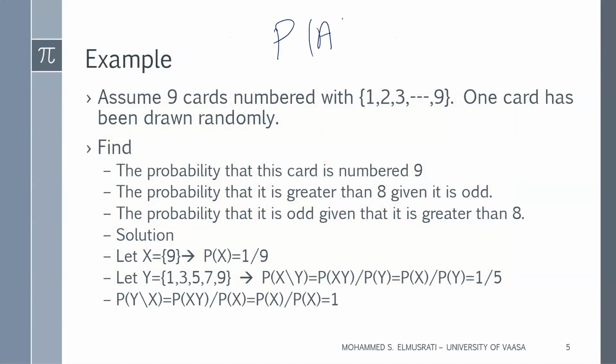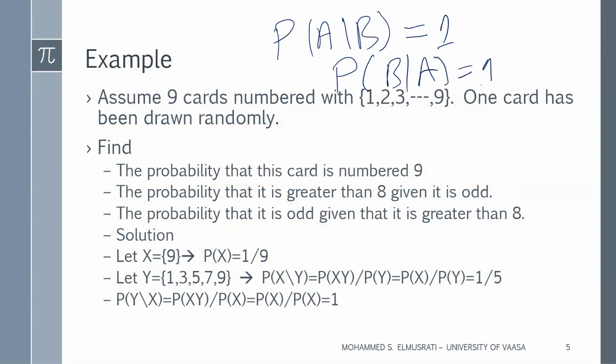If the probability of A given B equals 1, it means that B is a subset of A. But it is not necessary that the probability of B given A equals 1. If the probability of A given B equals 1, it is not necessary that the converse is also true. It is not the case, and this is one example.